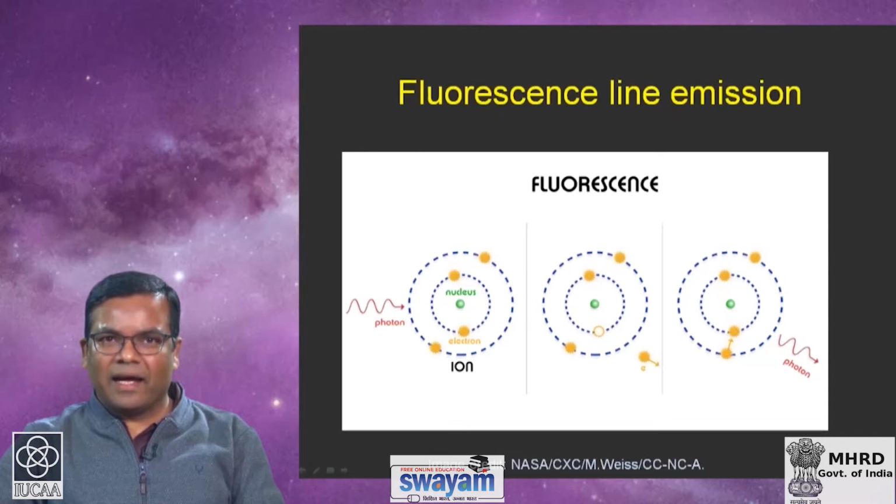An ion or an atom with such a vacancy is in an excited state. What happens next is that one L shell electron jumps to the K shell, which has a vacancy, and this transition creates a photon which results in the fluorescence line emission.